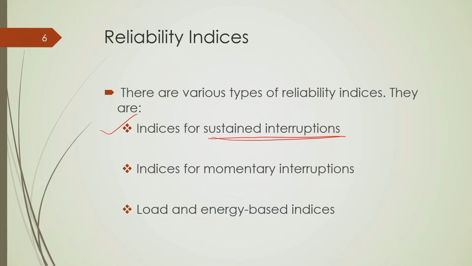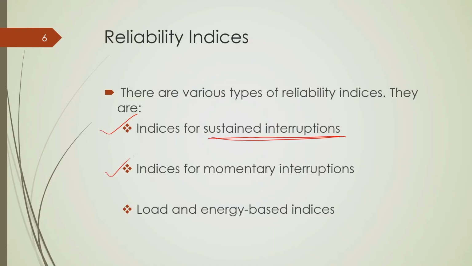If our interruption event is a sustained interruption, lasting for a few minutes to a few hours, then we have some indices to quantify, to numerically represent those events. And also there are some indices which work for only momentary interruptions. I will come to that.